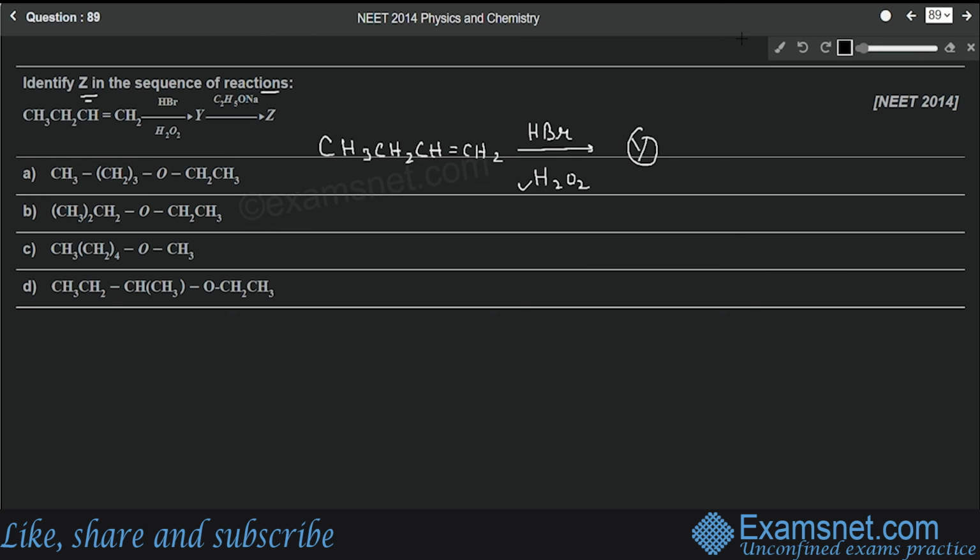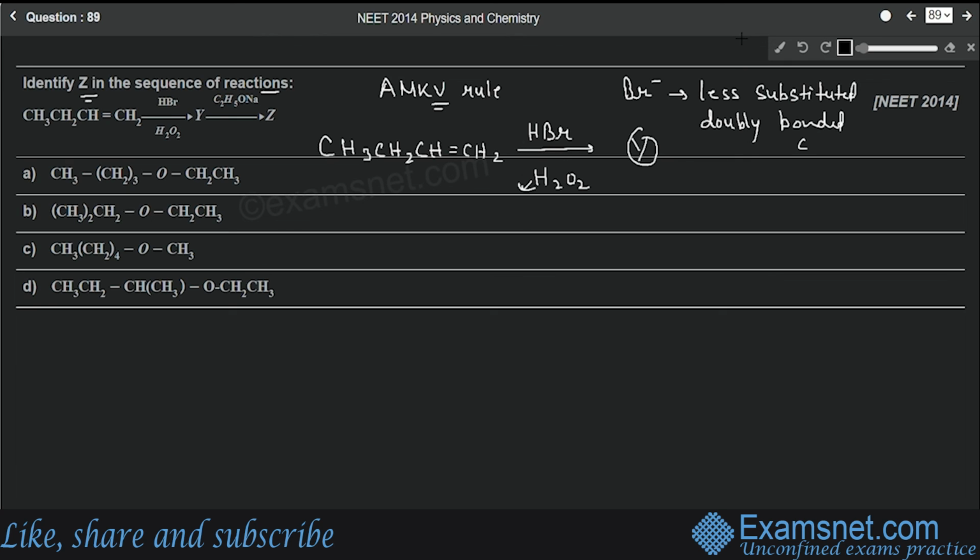See, since hydrogen peroxide is present, therefore this reaction will follow anti-Markovnikov's rule. What is anti-Markovnikov's rule? According to this rule, the negative part of the reagent, that is bromide ion in this case, will get attached to the less substituted doubly bonded carbon.